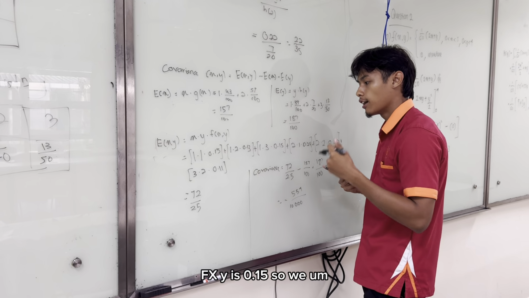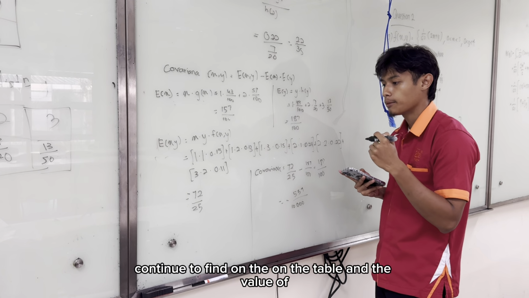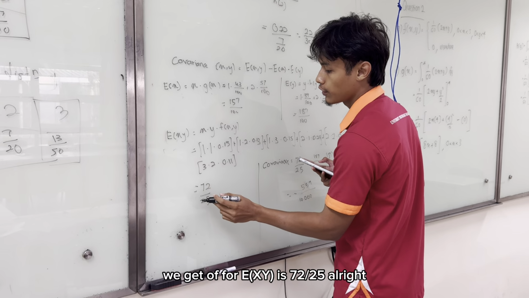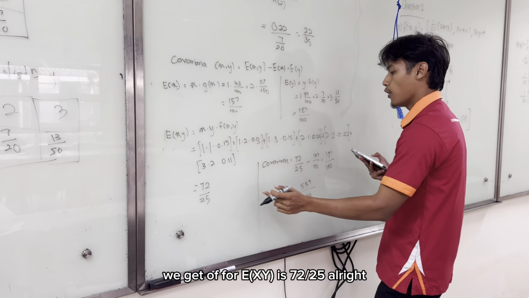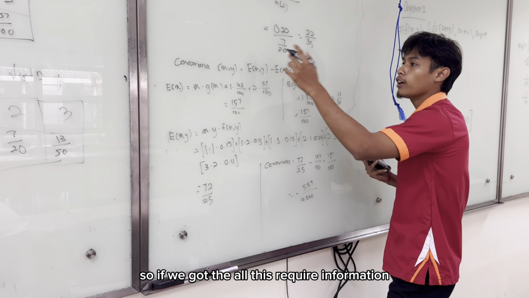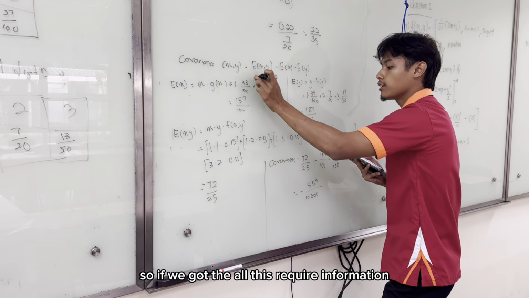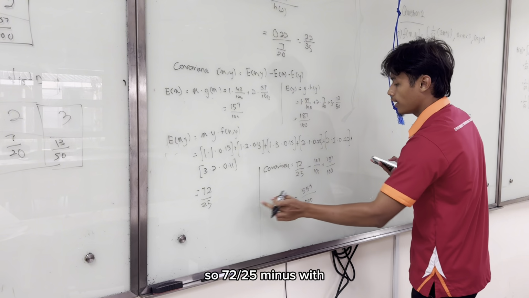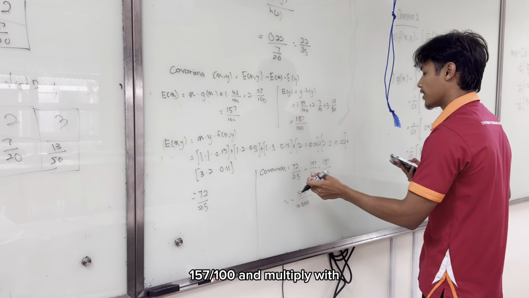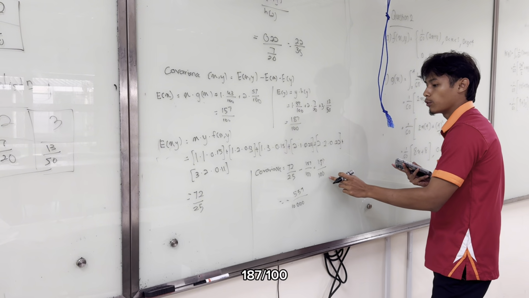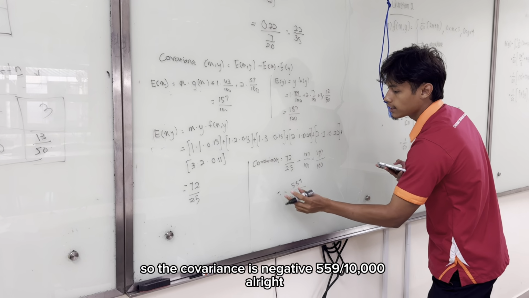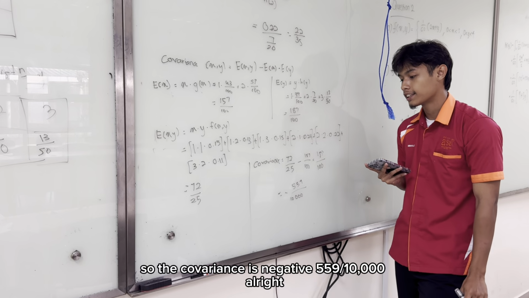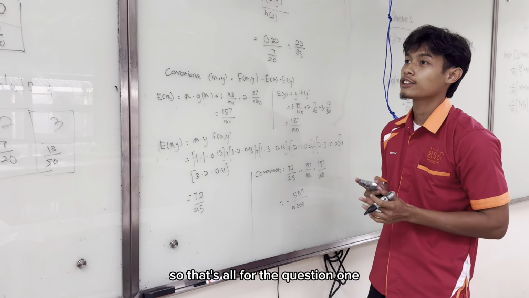We continue to find the values in the table, and the value we get for EXY is 72 over 25. Now that we have all this required information, we can find the covariance: 72 over 25 minus 157 over 100 multiplied with 187 over 100. So the covariance is negative 559 over 10,000. So that's all for question 1.